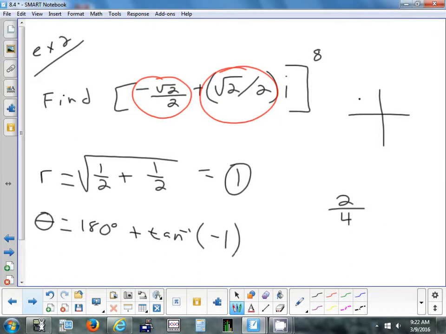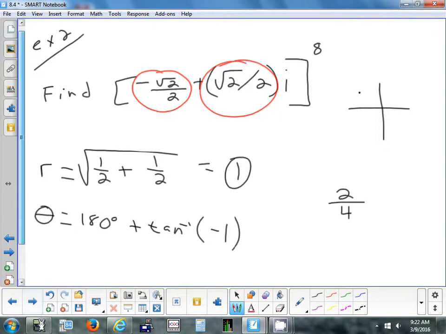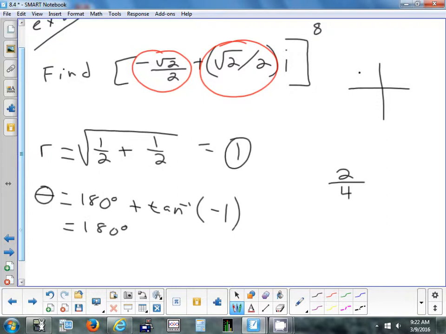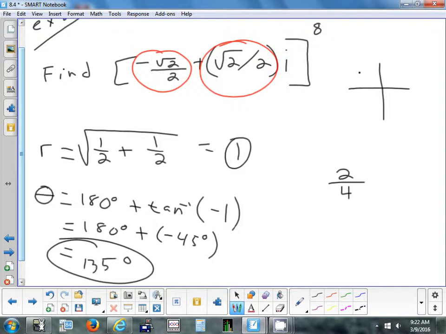If you do that in your calculator, you're going to get negative 45. Which means my angle is how much? 135. I guarantee that's the longest part of the problem, putting this in trig form. Raising it to the 8th power, it's going to be a piece of cake.